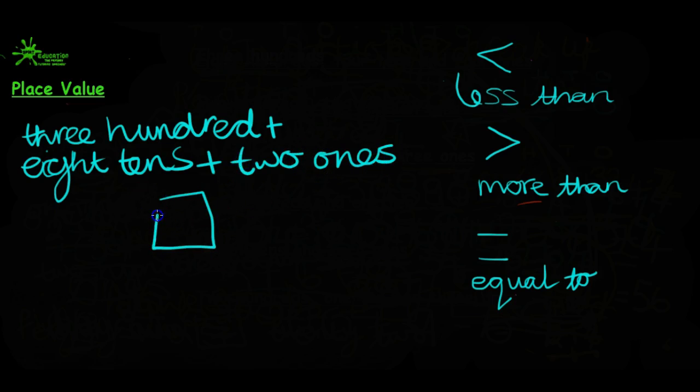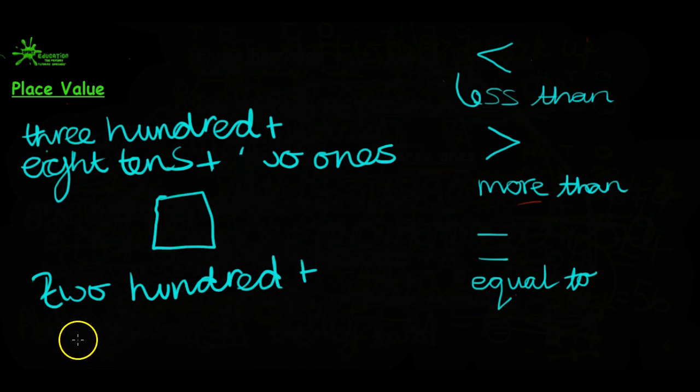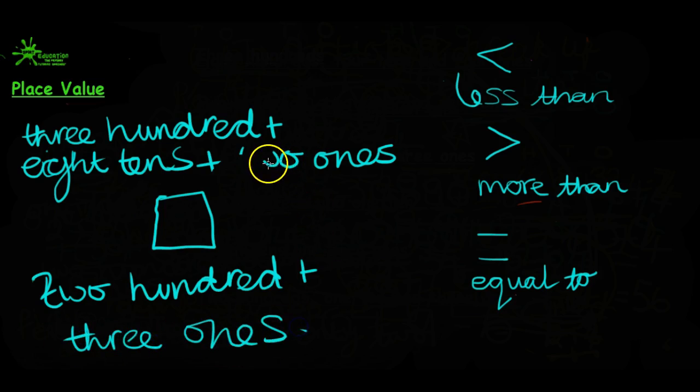Again, our box in the middle. And the next one we're going to be looking at is 200 plus 3 ones. Let's just correct that.